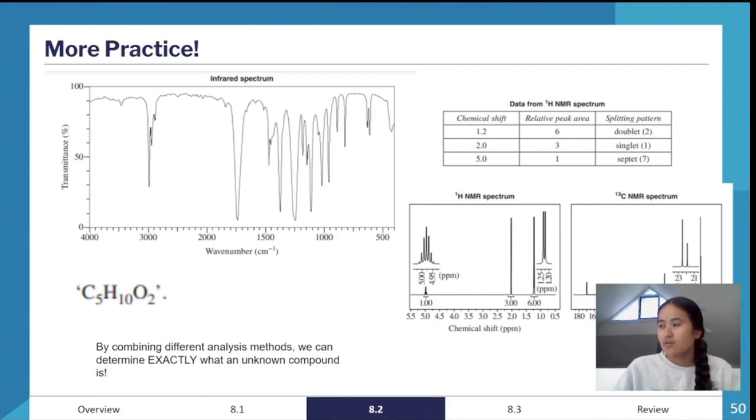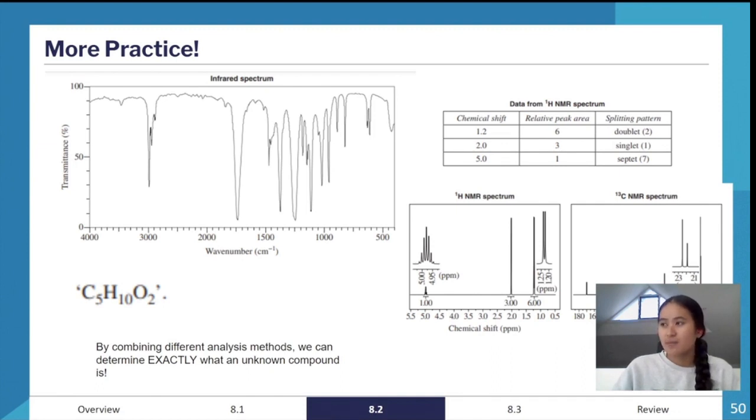So if we look at the HNMR spectrum, it very kindly gives the splitting pattern, so I don't have to count it. In the HNMR data, we have a doublet, a singlet, and a septet. That's 7, so that's a lot.